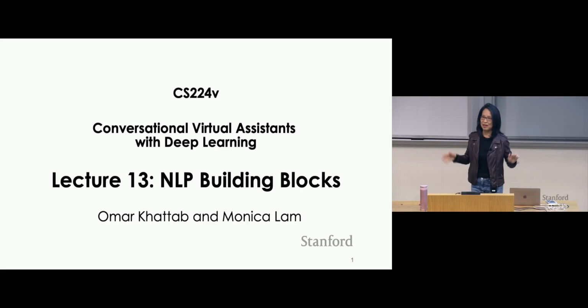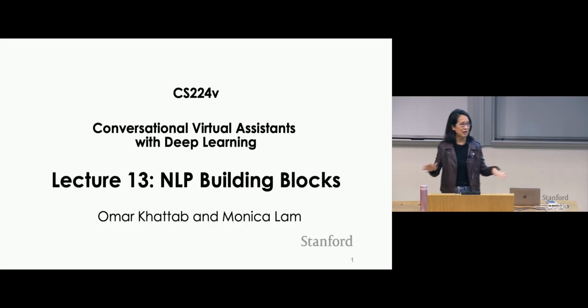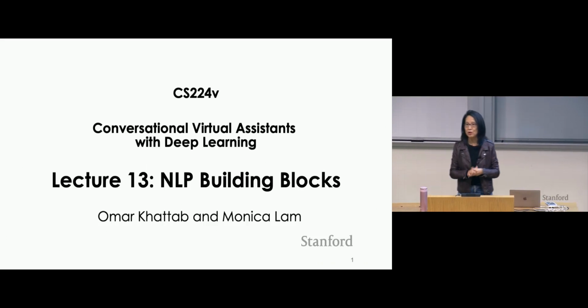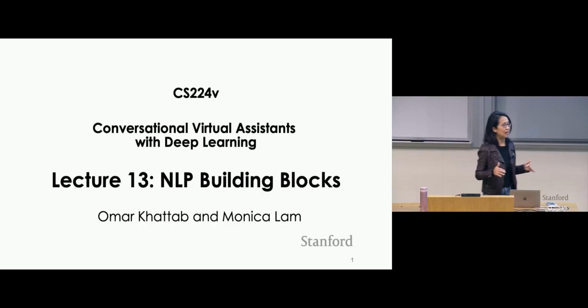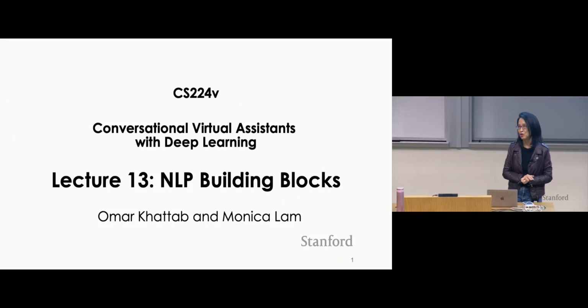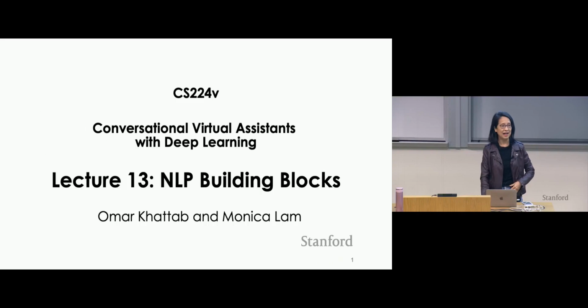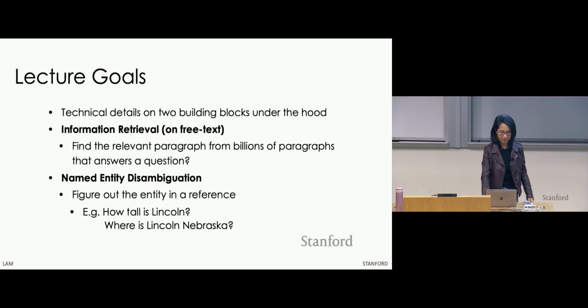So for this week, we're going to do something a little bit different, and that is that we're going to go under the hood. We talk about some of the tools that we have been using, we just assume, and let's get into the details of that. So there are 2 topics that we have alluded to. One is information retrieval.